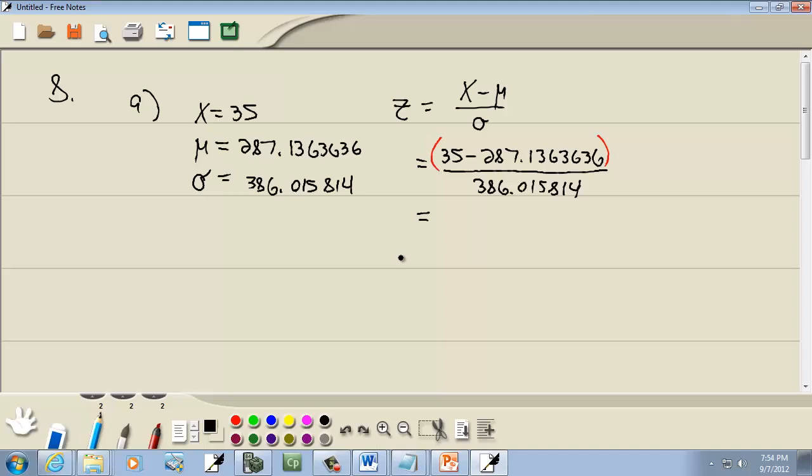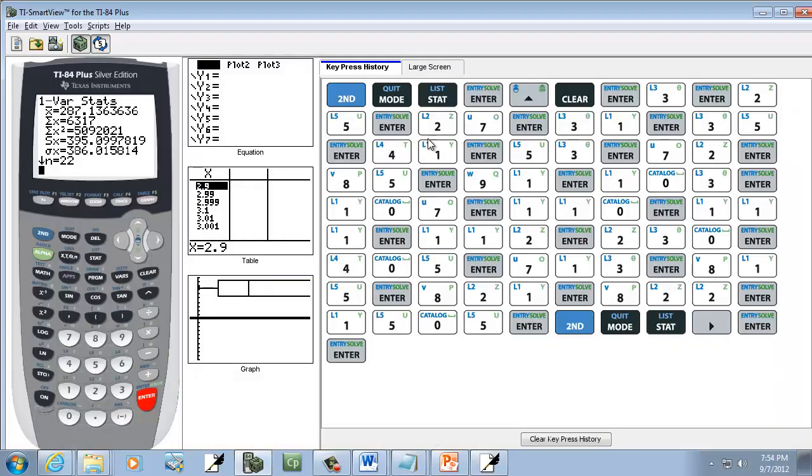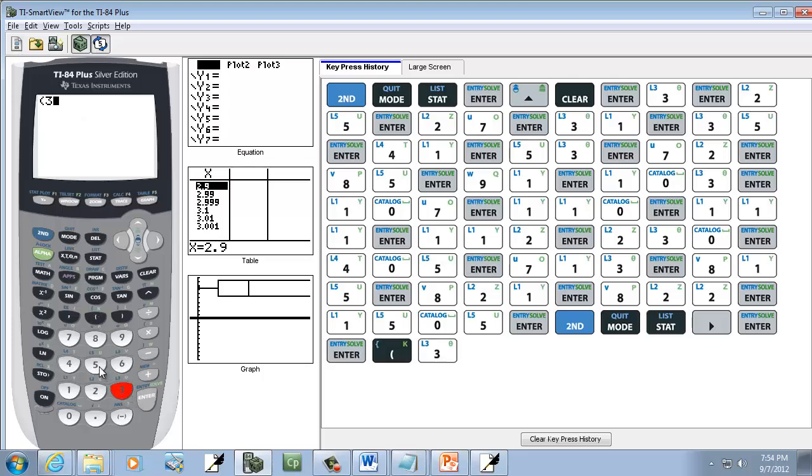If I'm going to use the advantage of the calculator in terms of our variables, you still have to do this, but it's a lot easier. Let me show you. If I do a beginning parentheses, and I do 35 minus my mean, so I go into vars, choose 5 for statistics, and choose 2 for x bar. Remember, x bar and mu are the same.